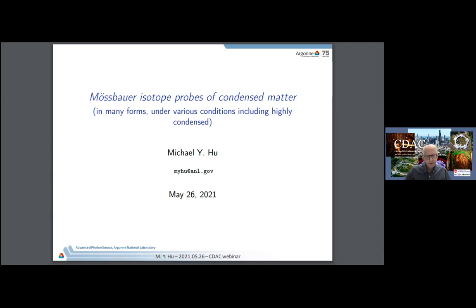Michael received his PhD in physics from Northwestern in 1999. He then joined Argonne as a postdoc and was in the first group of beamline scientists we hired at HPCAT in 2001, helping to launch that program. And he stayed there through 2007.